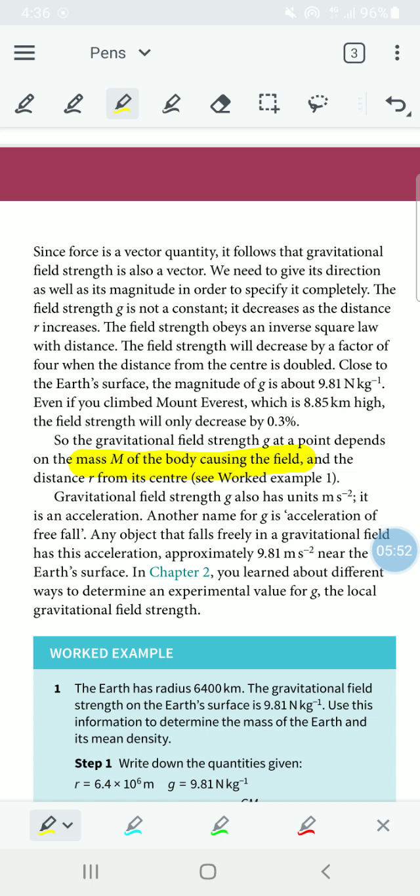The other object circling the earth will also have a gravitational field attracting the earth. But it depends on what you take as the main focus point. From there you have to do the calculation.